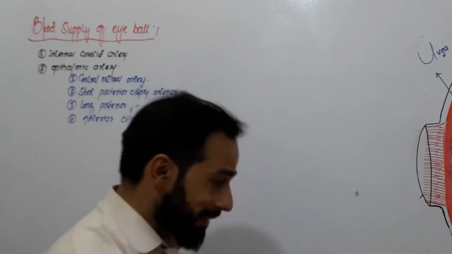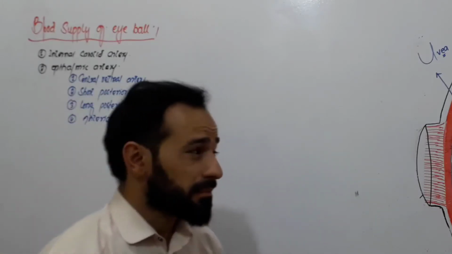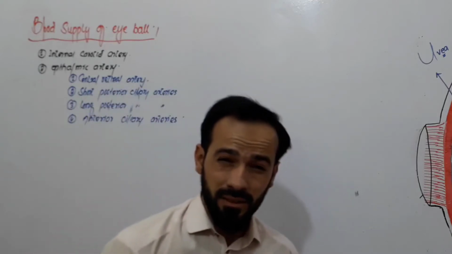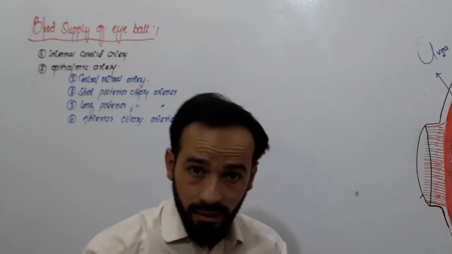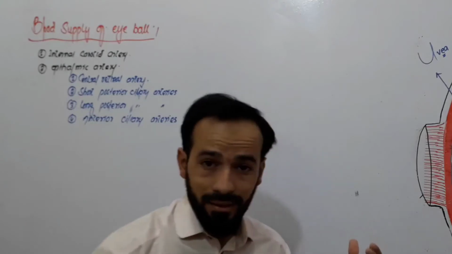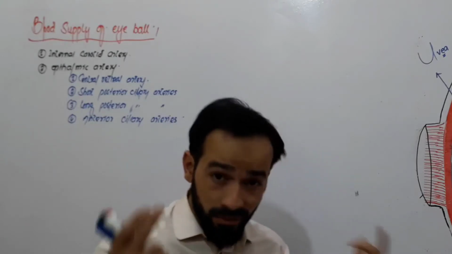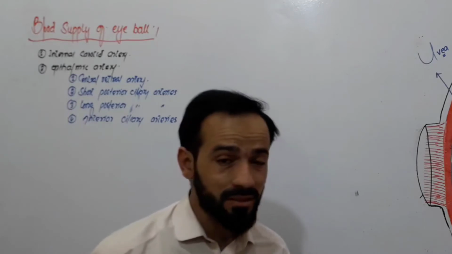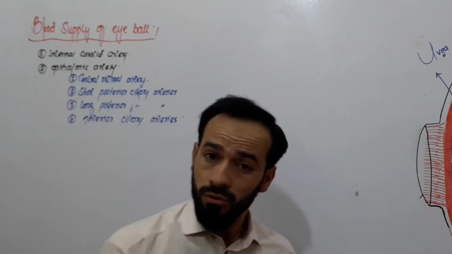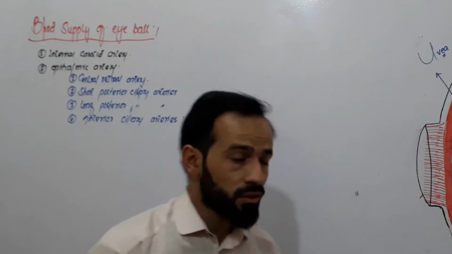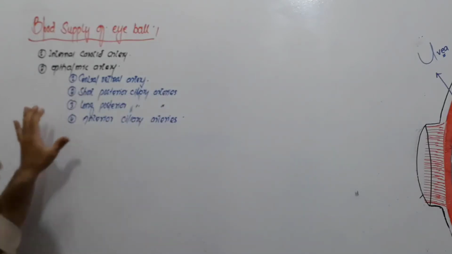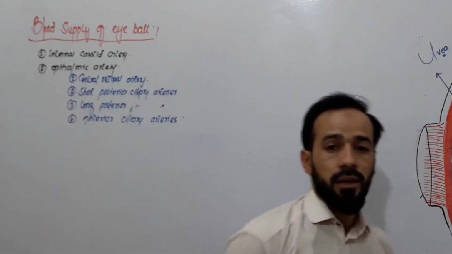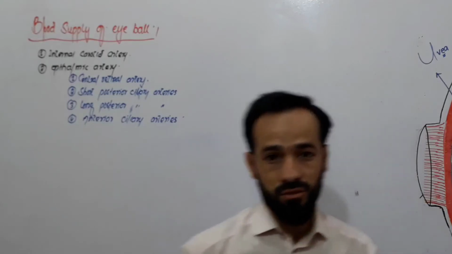The external structures, for example the conjunctiva, the eyelids, other glands related to your eyes, and certain muscles, the extraocular muscles, are all supplied by other arteries. So these arteries will enter inside your eye and supply the internal structures of your eye.